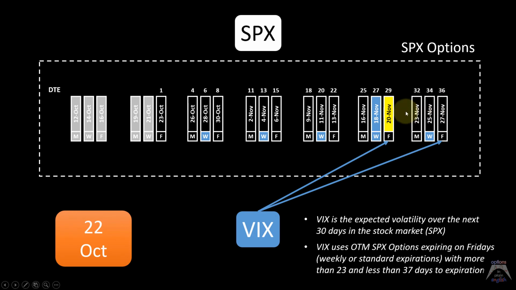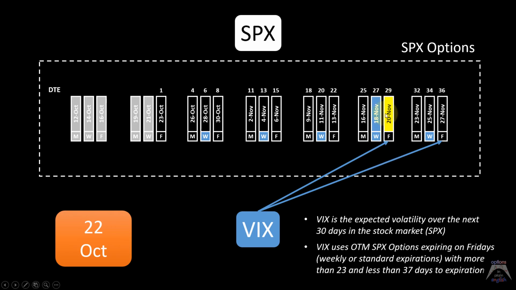Now, we know which options are used. We know that they're out of the money SPX options. We don't know exactly how the VIX is calculated, but we're not going to need to know. Let's just say that the same way that a variance swap is calculated is the way that is used to calculate the variance embedded in these options.